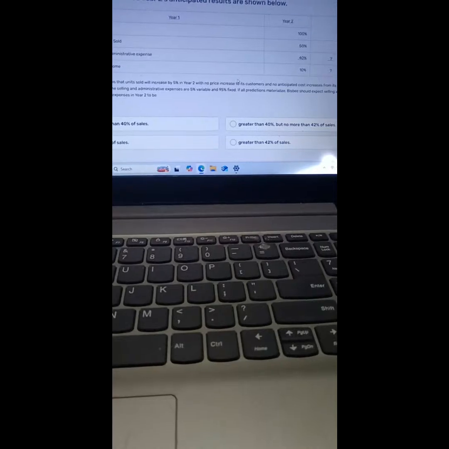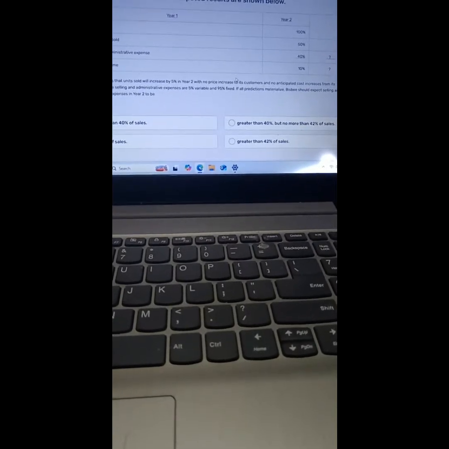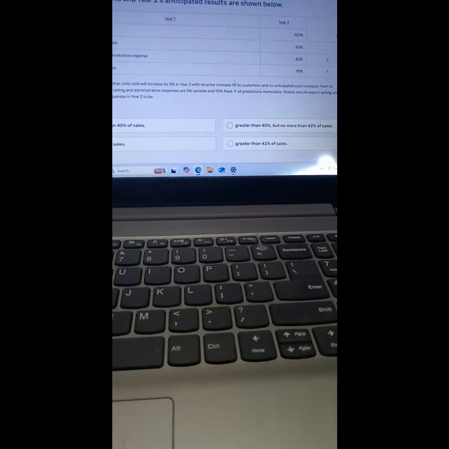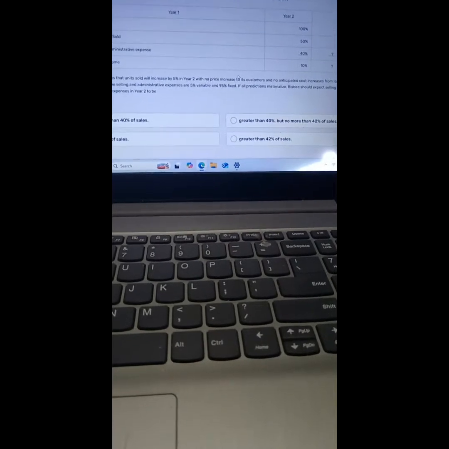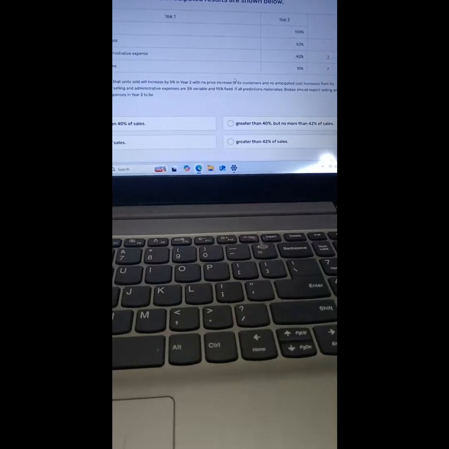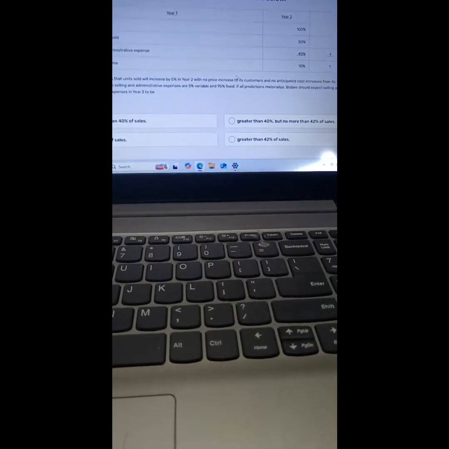Assume 100, and out of that 5 is variable and 95 is fixed. The 95 will stay the same, and only the 5 will change.